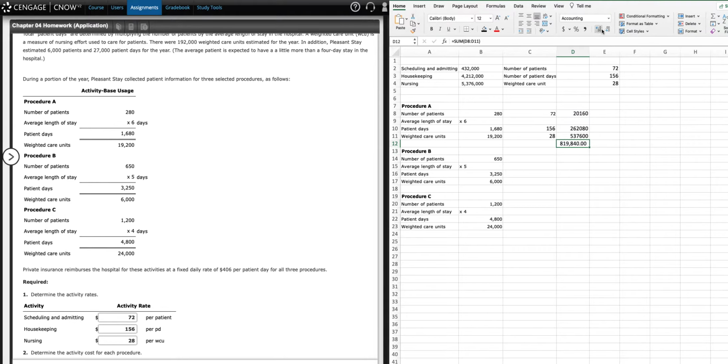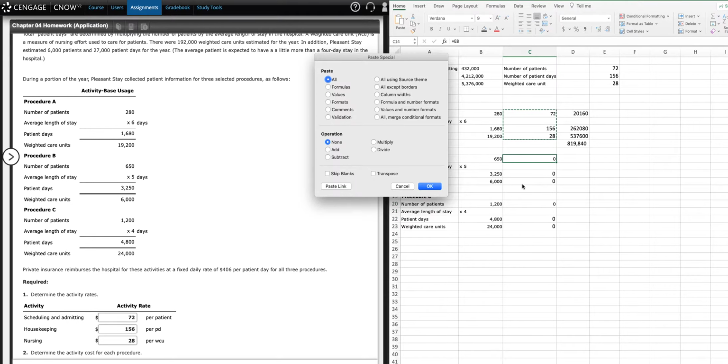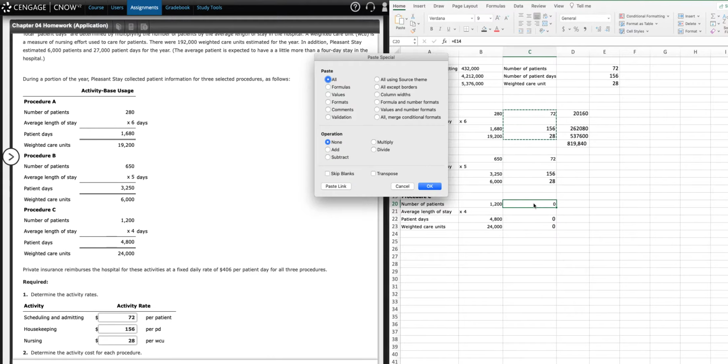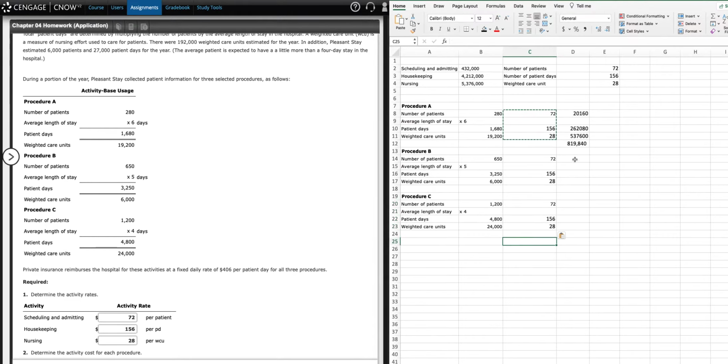And so we have the activity A, or procedure A, has a cost of $819,840. And we can do the same thing for B and C, but I should have done a special paste to do just the values, not the formula.